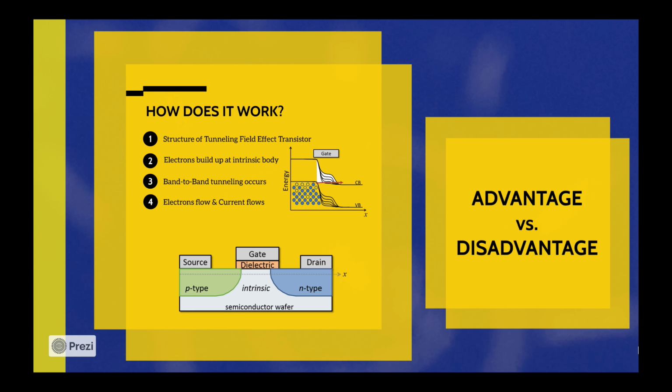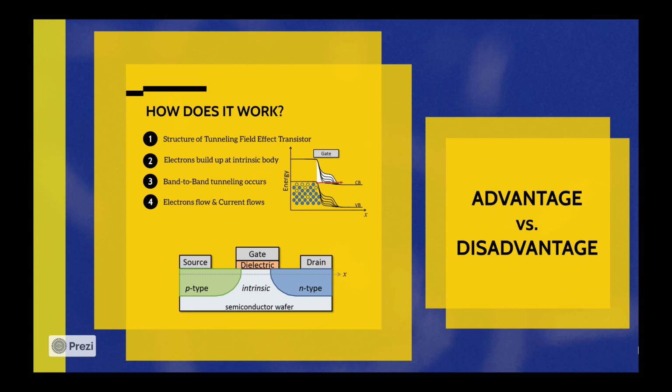By gate bias, electrons build up at the intrinsic area, and when the conduction band of the intrinsic region is aligned with the valence band of the p region, band-to-band tunneling occurs. As electrons in the p region flow to the conduction band of the intrinsic region through tunneling, the current flows through the device.